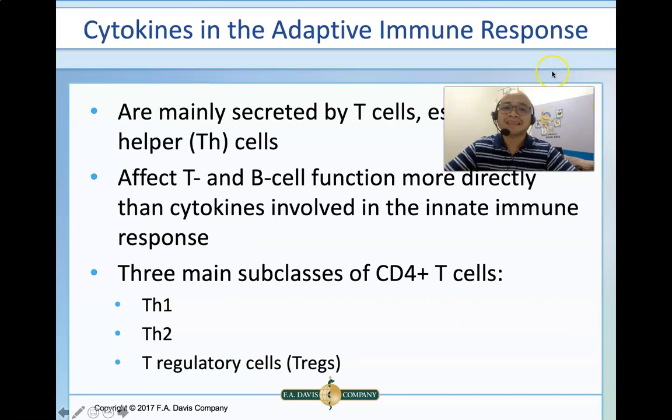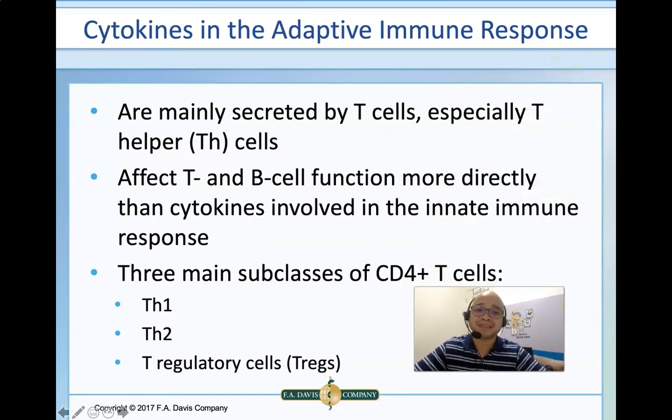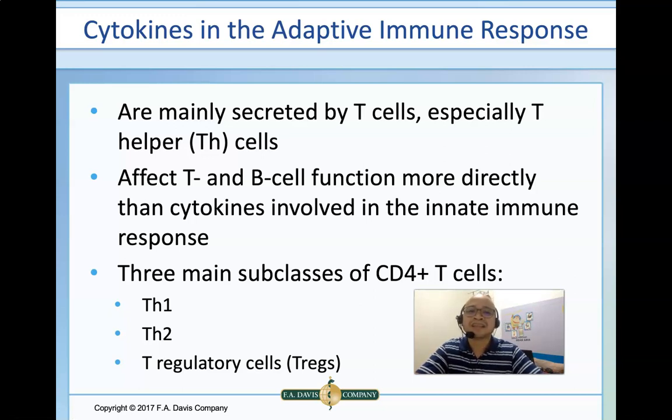So let's talk about cytokines present in adaptive immune response or specific immunity. So these cytokines are mainly secreted by T cells, particularly that of the T helper cells. So even if they are being secreted primarily by T helper cells, it may also affect the function, not only that of the T cells, but the B cell function as well.